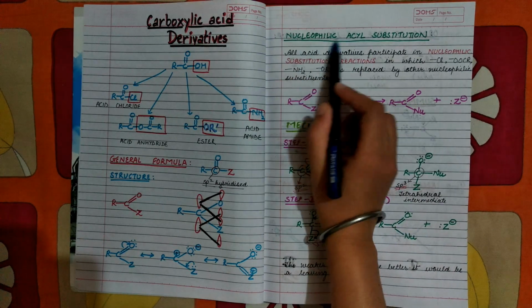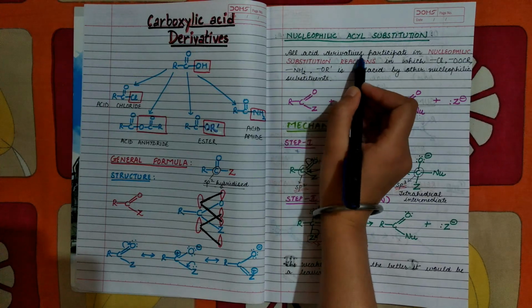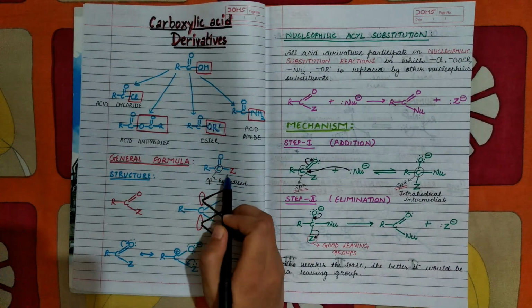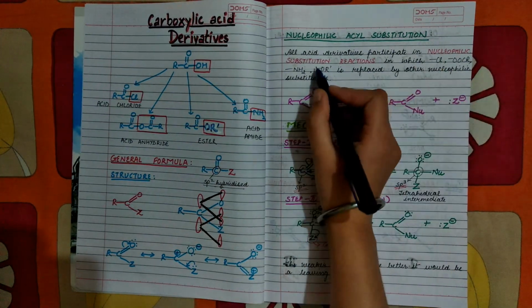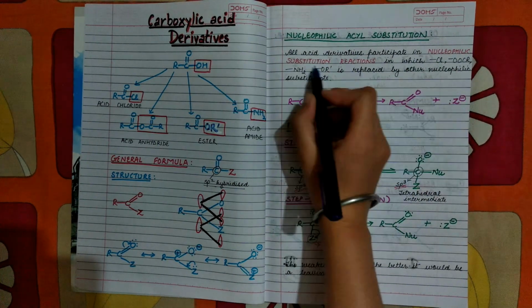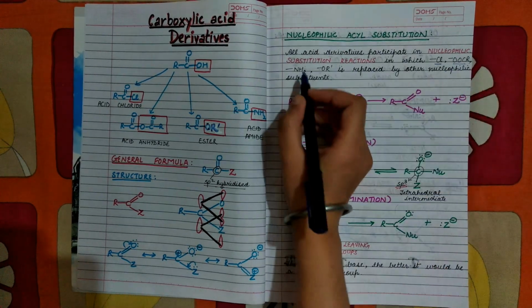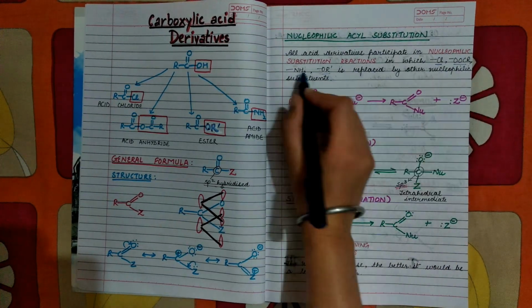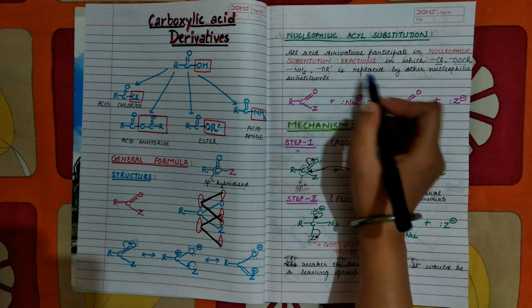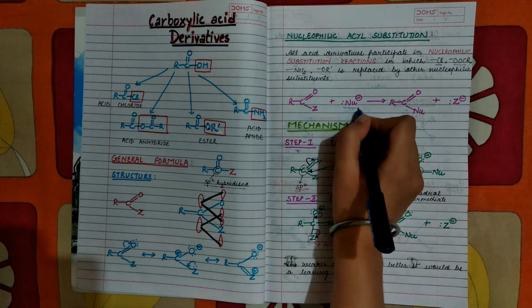Next we have nucleophilic acyl substitution. All acid derivatives, that is RCOZ, participate in nucleophilic substitution reactions in which chlorine, OOCR, NH2, OR-, these all are Z groups, and they are replaced by some other nucleophilic substituent, Nu negative.